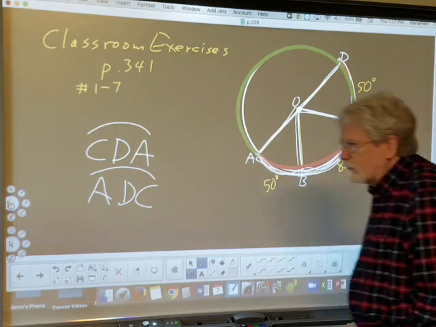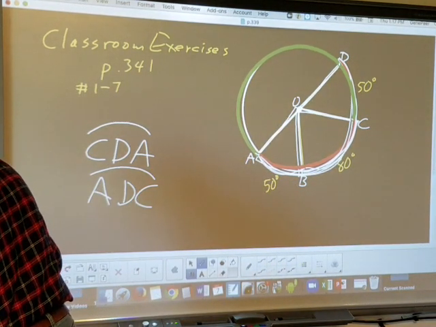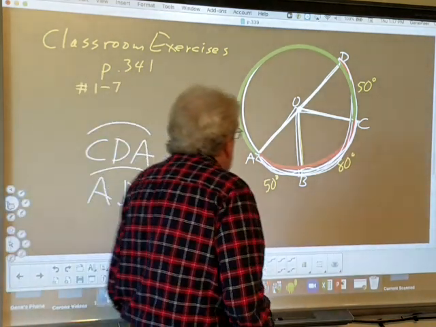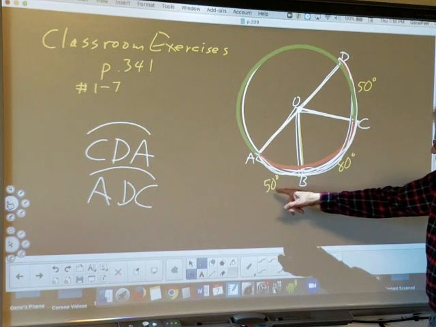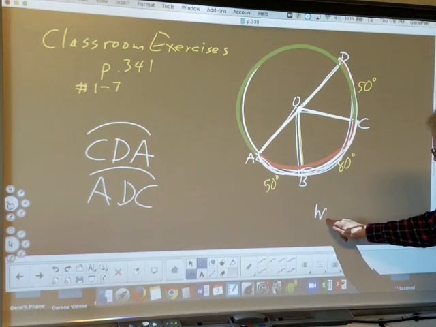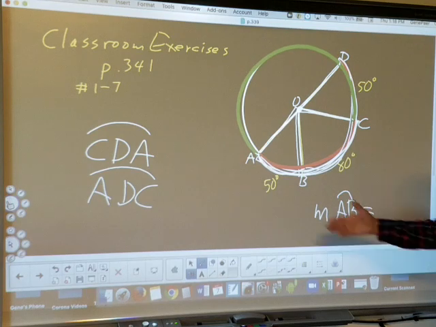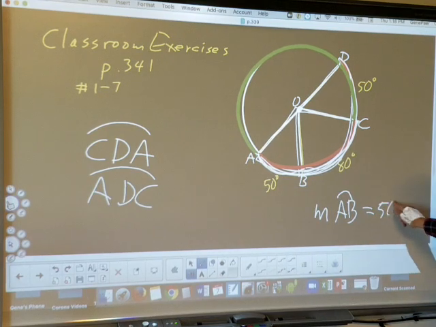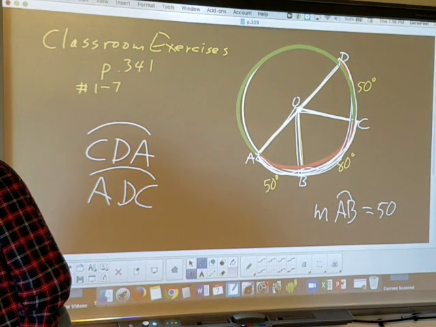Okay, how about number 2? Number 2 says find the measure of arc AB. The measure of arc AB, yeah, they gave it to us. We say the measure of arc AB, please get the symbolism correct, equals 50. Easy enough. Number 3 says, how about the measure of arc AC?